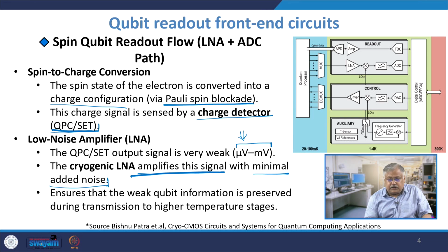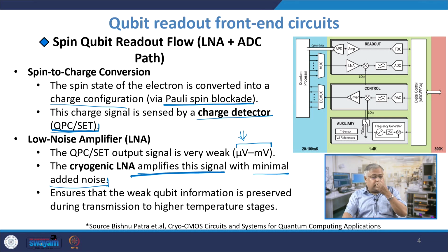Whatever added noise comes, thermal noise will be very small, but you will have other types of noise which will be added to the signal, because of which the signal to noise ratio will always be compromised. So, the low noise amplifier tries to amplify the signal and minimize the noise floor.